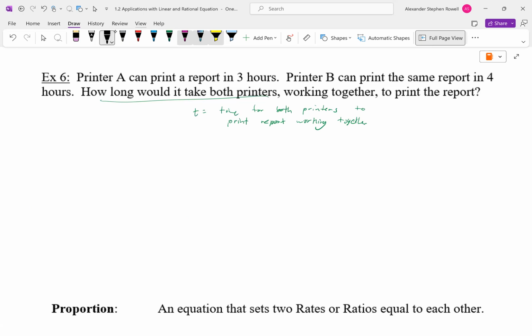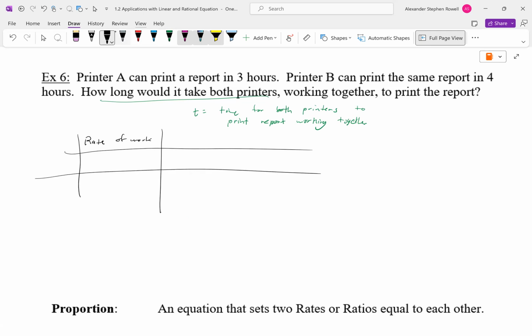Okay, so our equation is rate of work times time worked equals the part of the task completed.